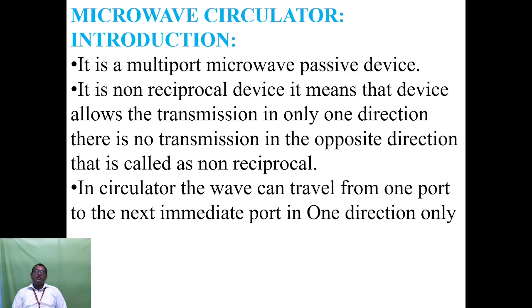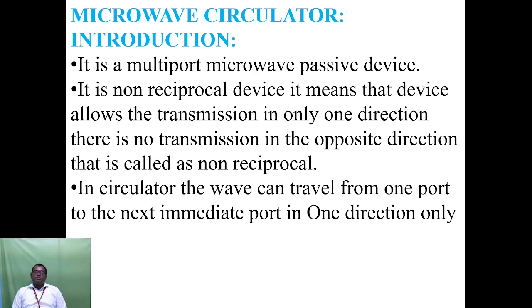The meaning of non-reciprocal is that we give only one input, and another port has the output. In this circulator, the wave travels from one port to the next immediate port in only one direction. For example, in a 4-port circulator, if I give input at the first port, the next immediate port is the second port, so I will get the output from the second port.